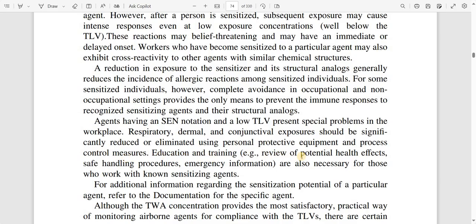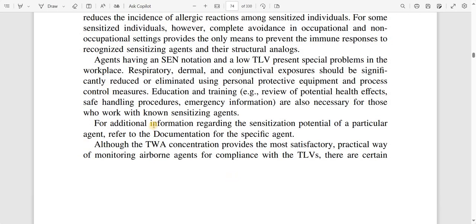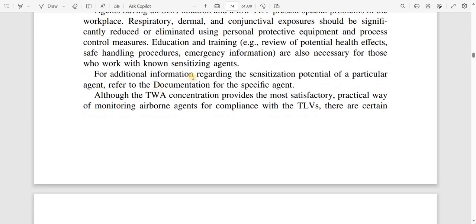Education and training, review of potential health effects, safe handling procedures and emergency information are also necessary for those who work with sensitizing agents. For individual information regarding the sensitization potential of a particular agent, refer to the documentation for the specific agent.